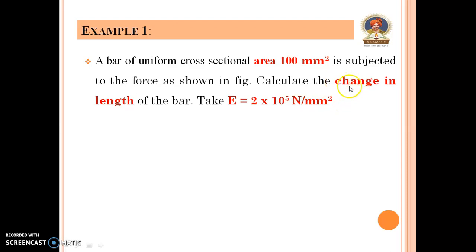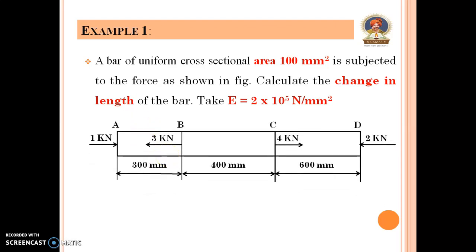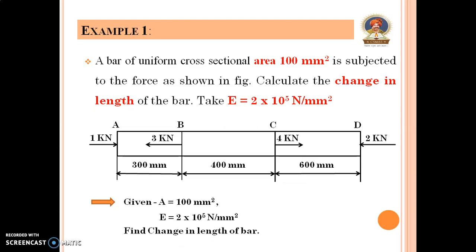To find the total change in length of the bar, the diagram for this numerical is given. Given: area A is equal to 100 mm square, E is equal to 2 into 10 raised to 5 Newton per mm square. Find the change in length of the bar.